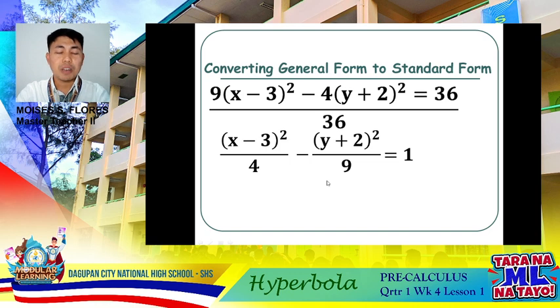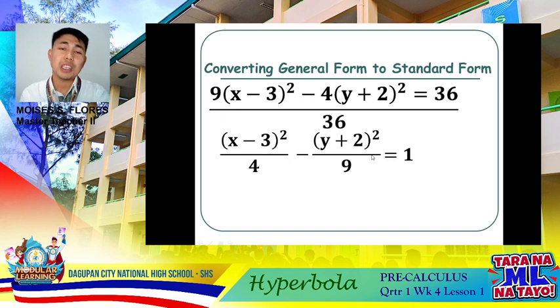Factor the perfect square trinomial and simplify the constant. And of course, your standard form should always be equated to 1. So divide both sides by the constant. Get the lowest term of each factor, and then the denominator, and equate it to 1. So there you have it, our steps in converting general form to standard form.